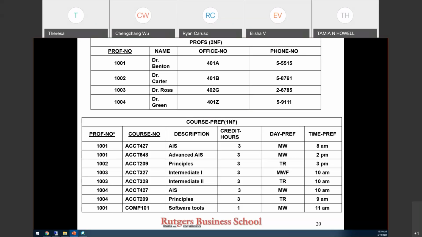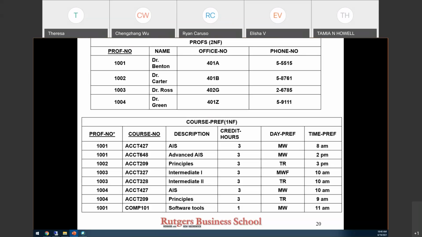Next, let's consider the problems associated with updating data in this table. If the description of a particular course is to be modified, that change will have to be performed multiple times rather than just once. As you can see in this table, the course description for the same course is repeated multiple times.